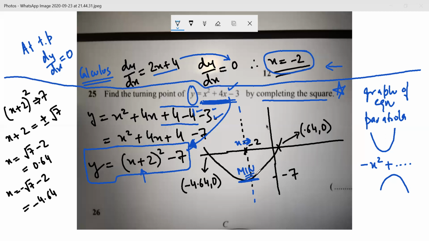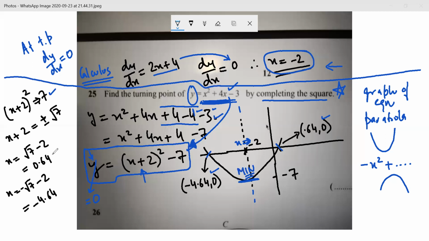No, sir. And if we want to do some further R&D, what we can see is that if y is 0, then I will basically get the roots of this quadratic equation. So when I put y is equal to 0, I will get x plus 2 whole square is equal to 7.